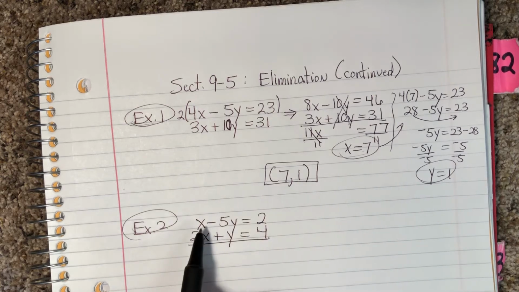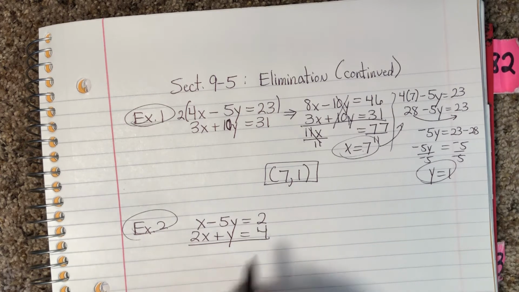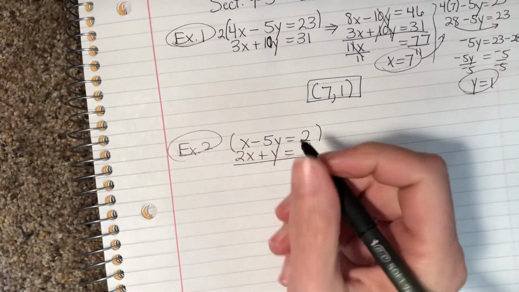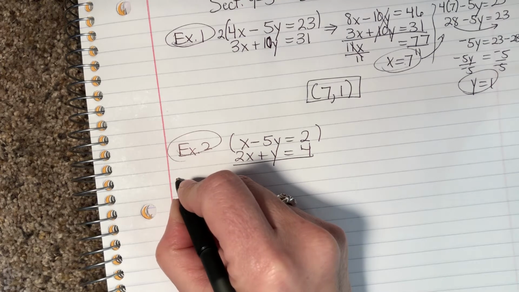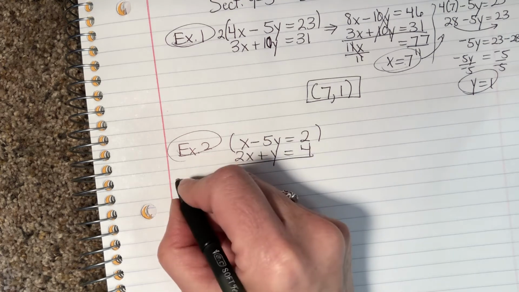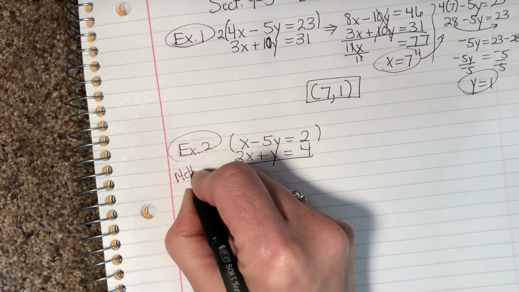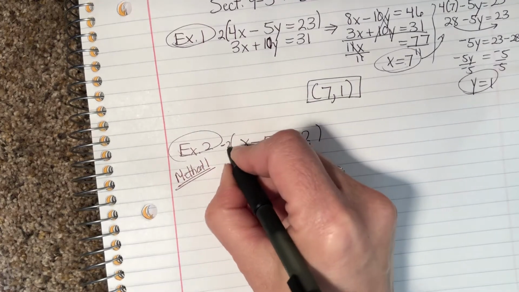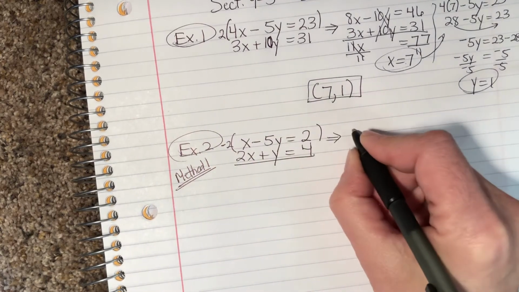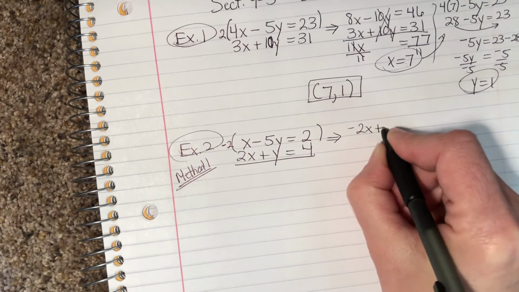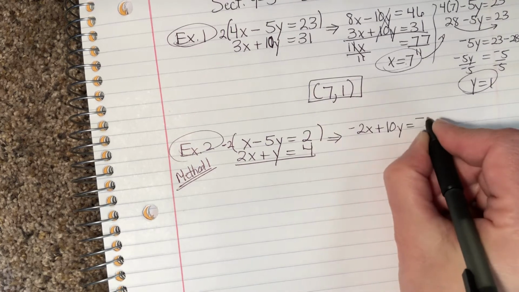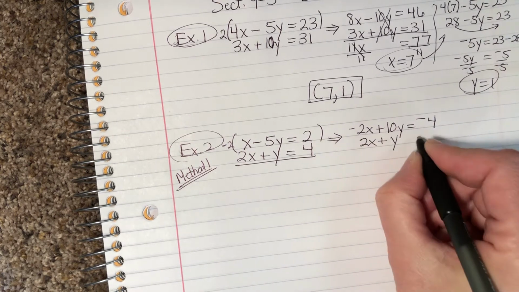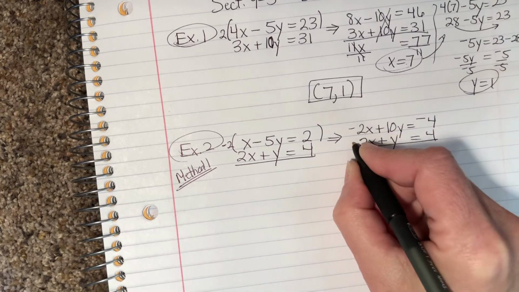Starting off with, I'm going to try to get rid of the x term first. So let's just call this method 1. It's not really a method, but multiplying the top by -2, I get -2x plus 10y equals -4, and then 2x plus y equals 4.